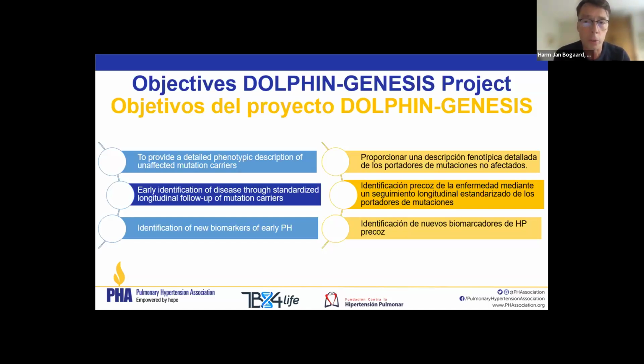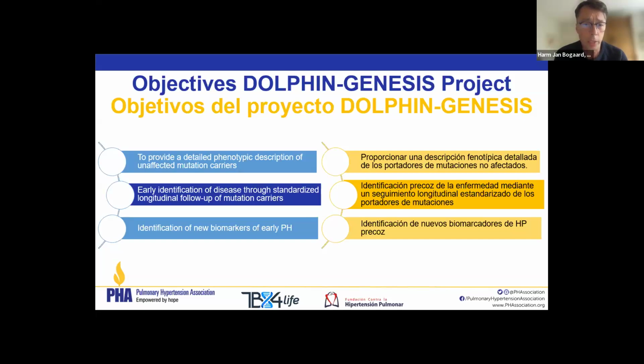This is called the Dolphin Genesis Project, where we try to look at those relatives of patients with hereditary PAH and those who carry the mutant gene to find new ways to diagnose the disease early, treat early, and improve outcomes.